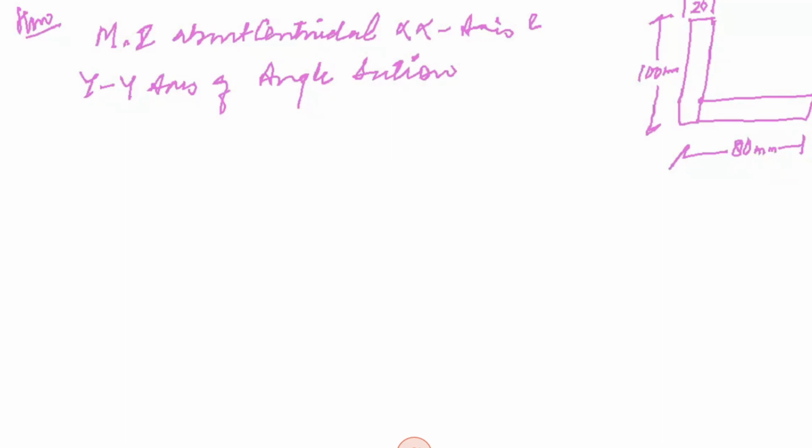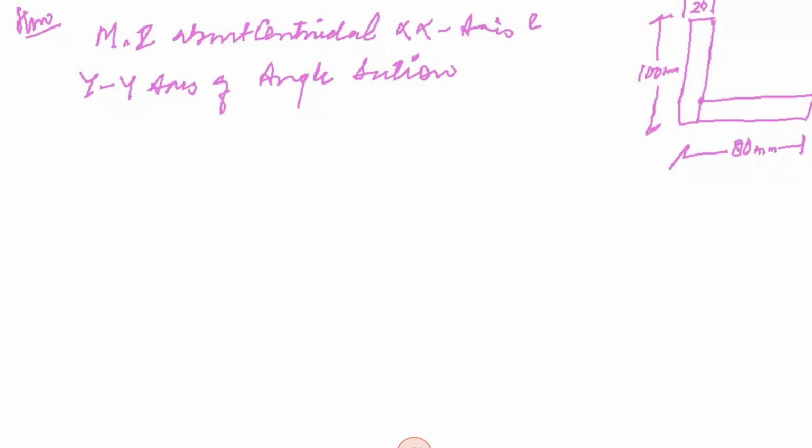Firstly, you will calculate moment of inertia about the centroidal x-axis, then about the centroidal y-axis. That means you have to repeat all the process twice. First in x-axis and calculate the moment of inertia.